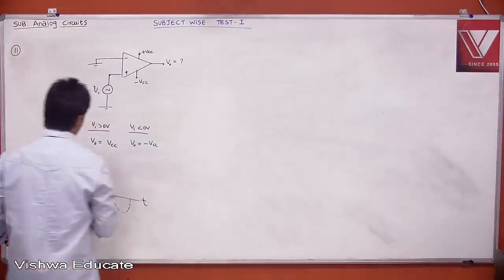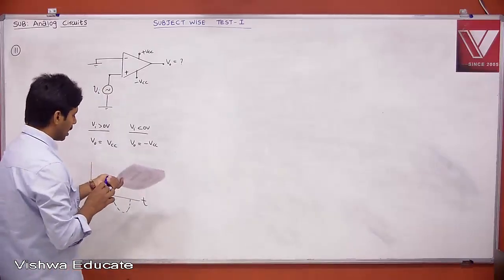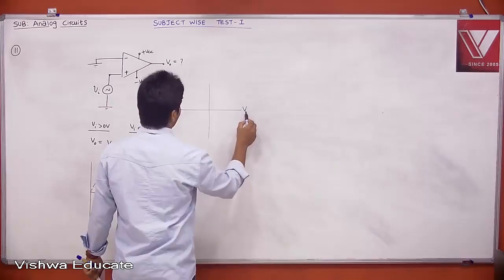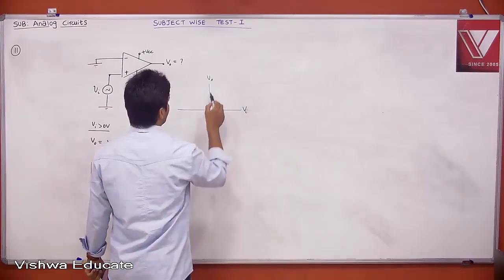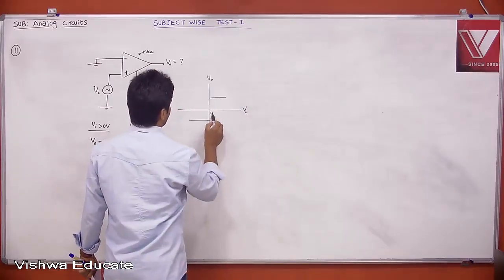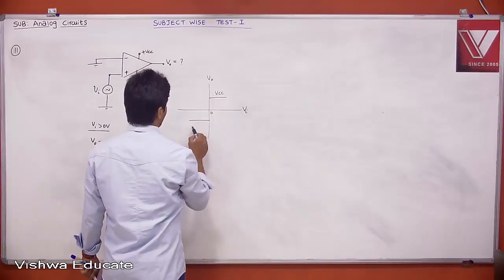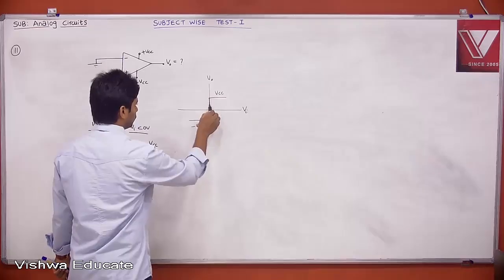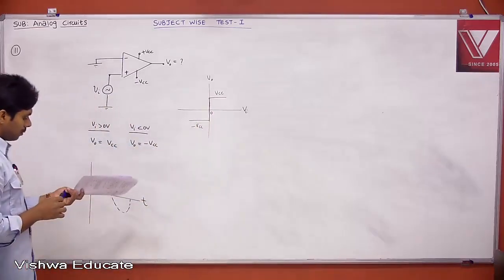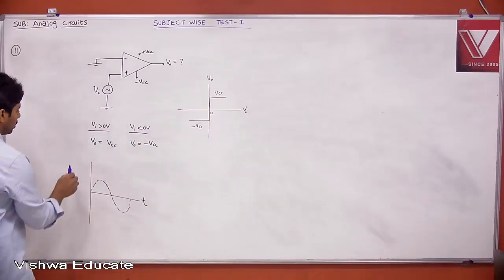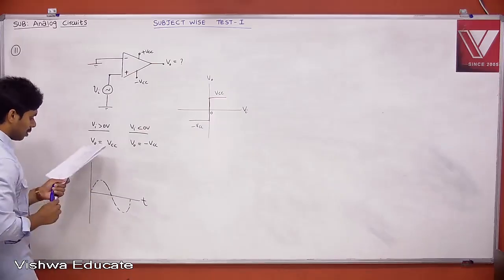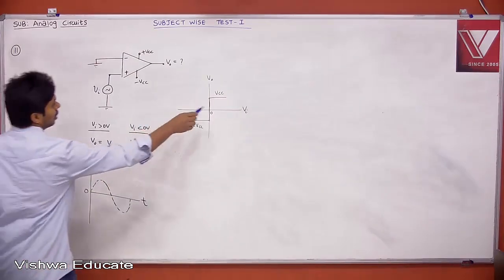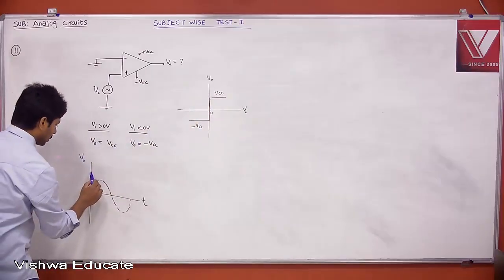For the positive half cycle, if you draw the transfer curve, this is your Vi and this is your V0. It will be like this, with plus VCC and minus VCC. Now, when VA is greater than 0, your output is plus VCC.